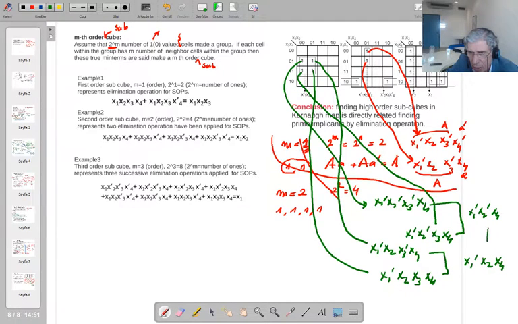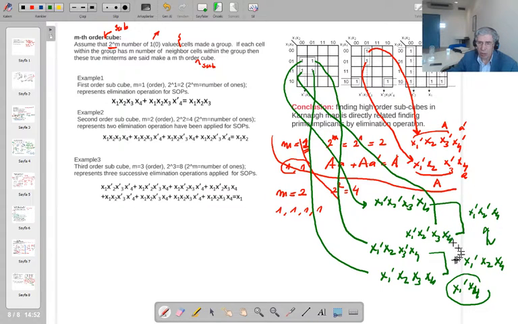So if you compare these two now, x1 prime, x2, oh sorry, x4 is common, isn't it? Prime and itself. So x2 is changing the value, so x2 is going to disappear. What is left is this. So that means this second order subcube represents repeated one variable elimination operation.